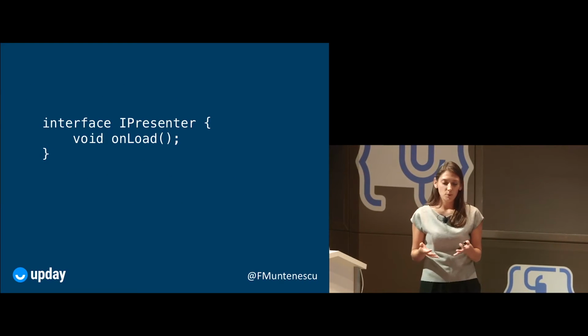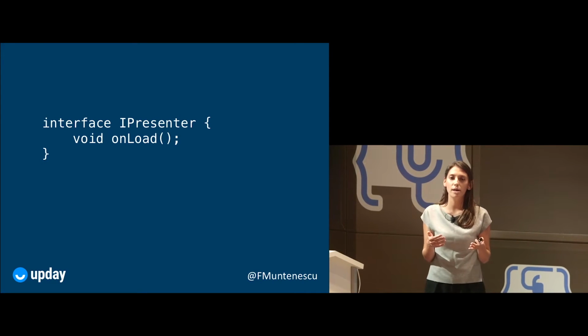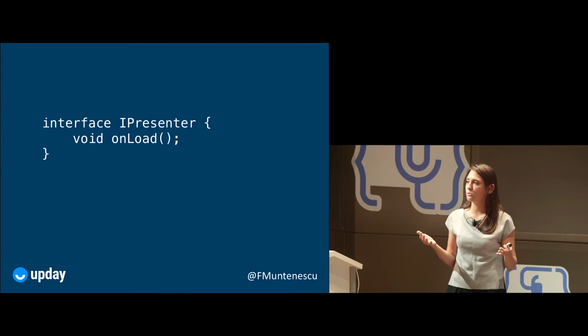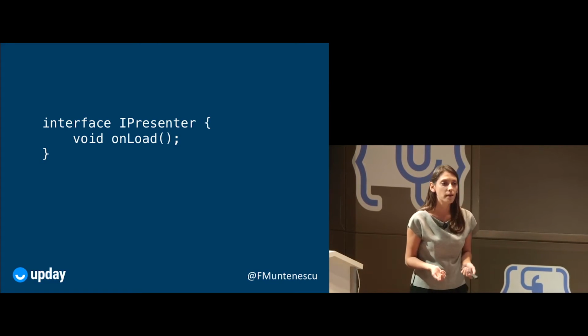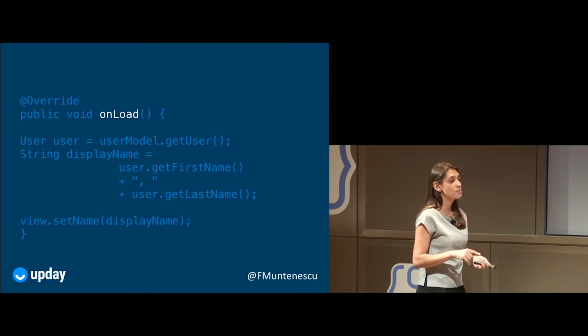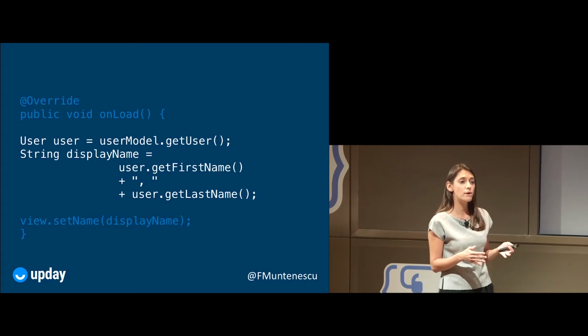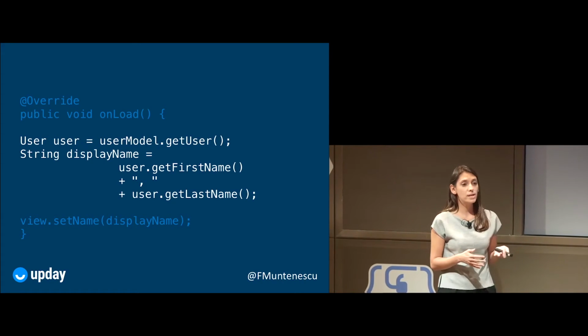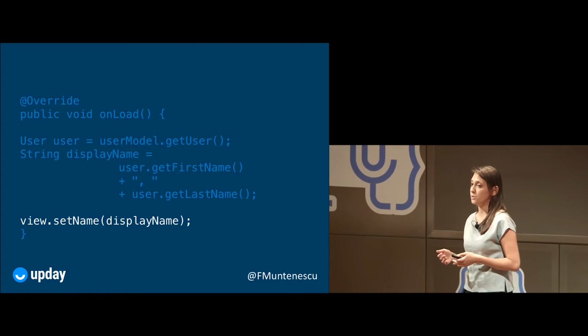In the presenter, we would also need a sort of start method, a method that the view would call when it's ready to load, when the view would be ready to display the data. So let's call it onLoad. This onLoad method should be the one responsible for creating that display name. So in onLoad, we would get the user from the user model, compute the display name, and then set the display name to the view.